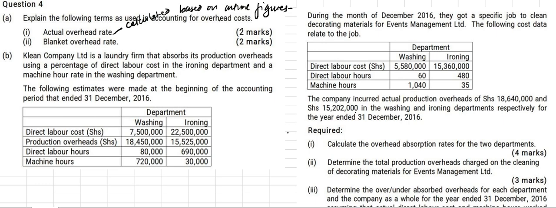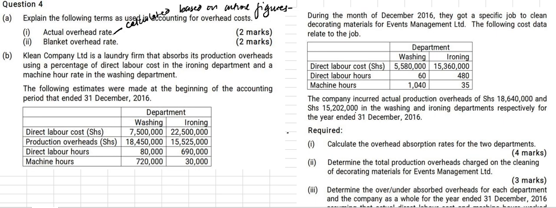That is actual production overheads and the actual units of the allocation base. So that is actual overhead rate. So you use your actual figures, that is the overhead, and then the units of the allocation base to come up with that overhead absorption rate.